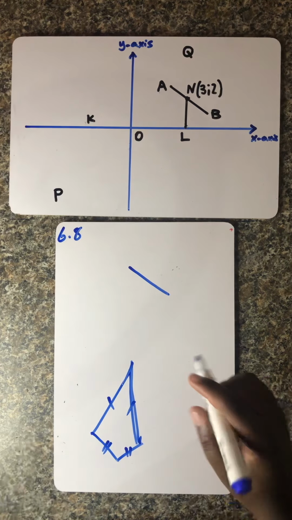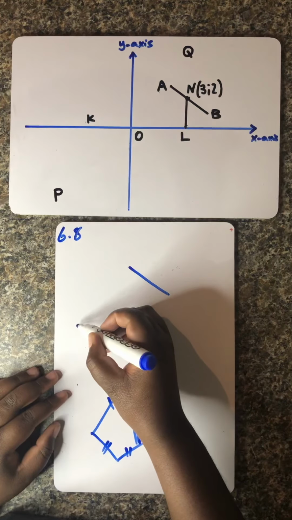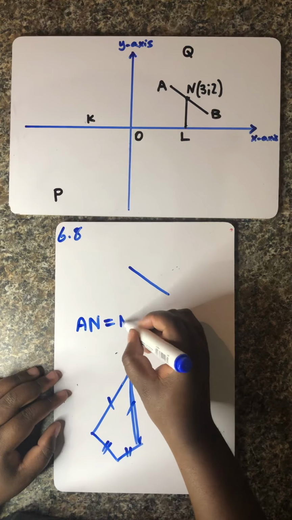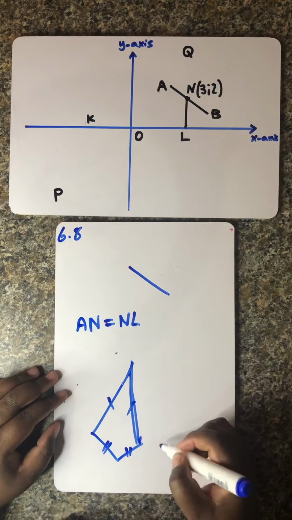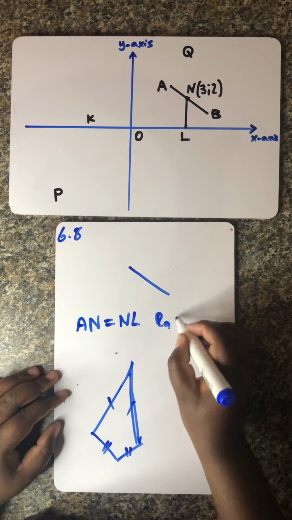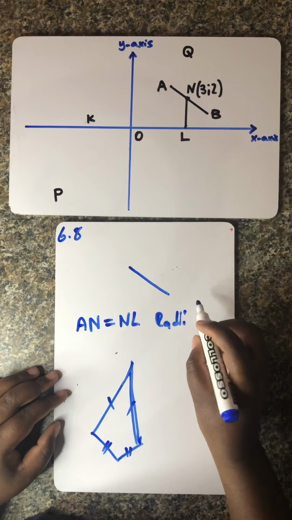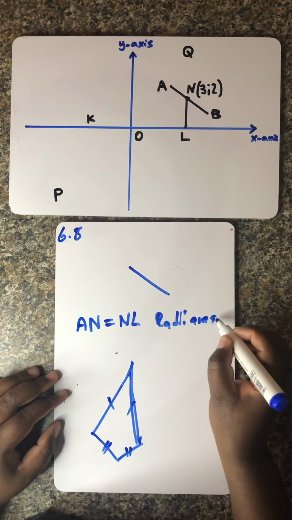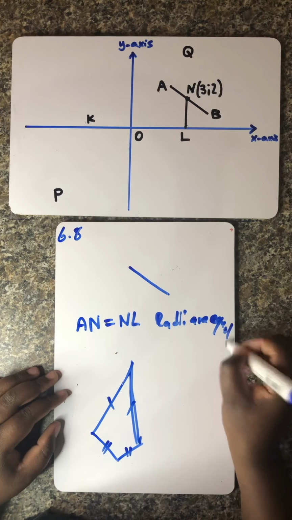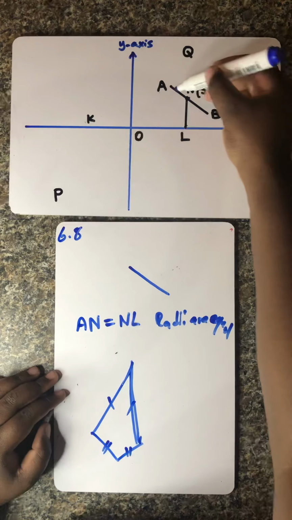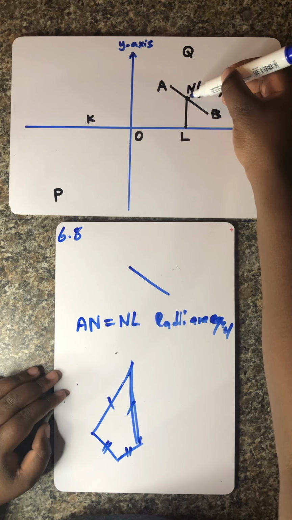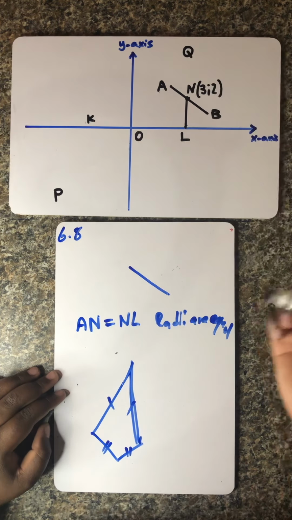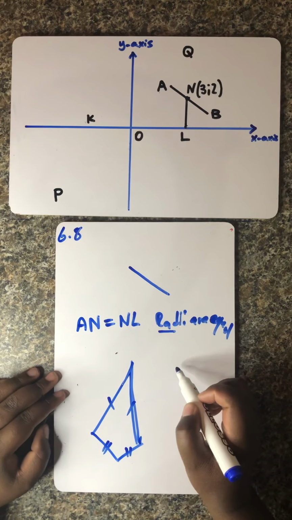I'm not sure if you'll understand, ladies and gentlemen, but AN, we already know that it's equals to NL. These are the radii, obviously radii are equal. So from A to N, it's equals to from N to L, because these are the two radii, ladies and gentlemen.